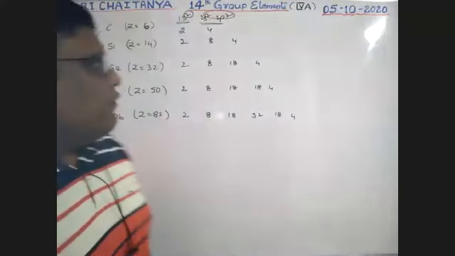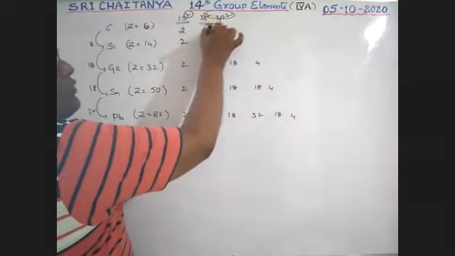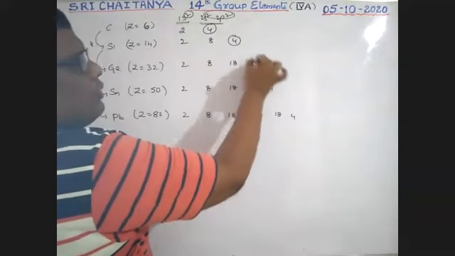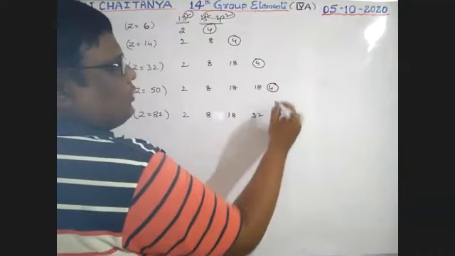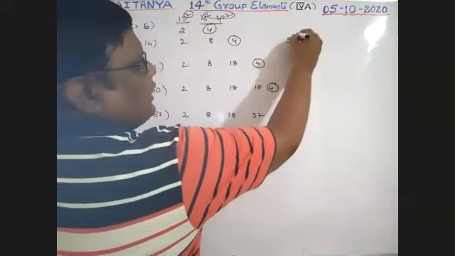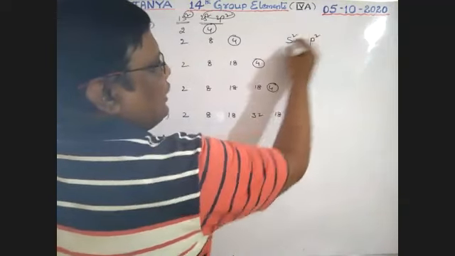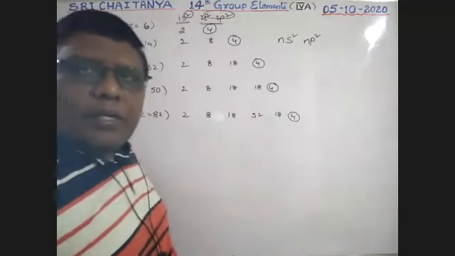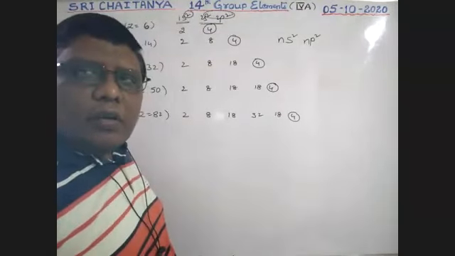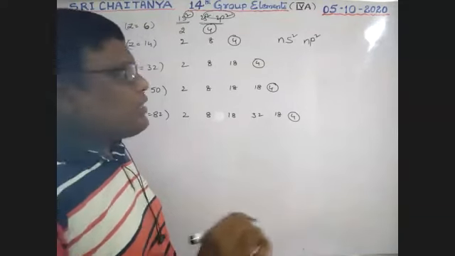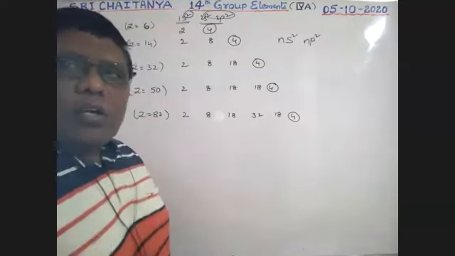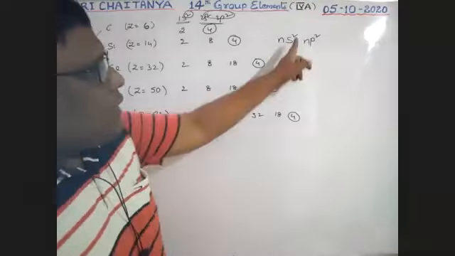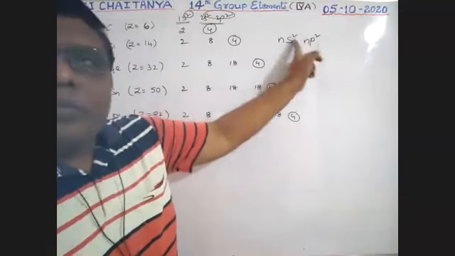Everywhere the last orbit contains 4 electrons. S contains 2 electrons, P contains 2 electrons, and both are in the same orbit. That's why ns2np2 is the general outermost electronic configuration, containing 4 electrons.